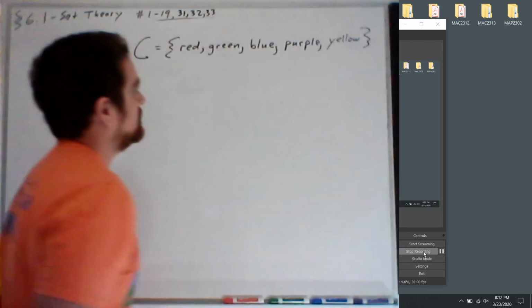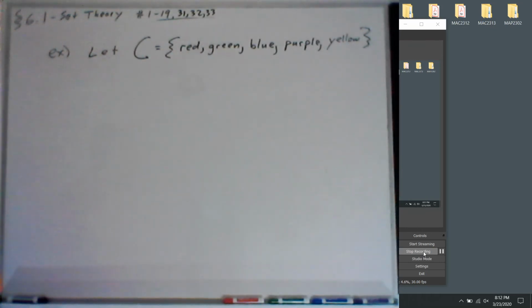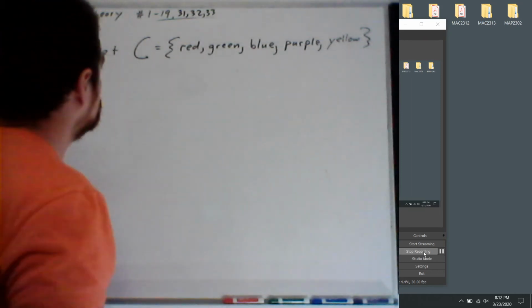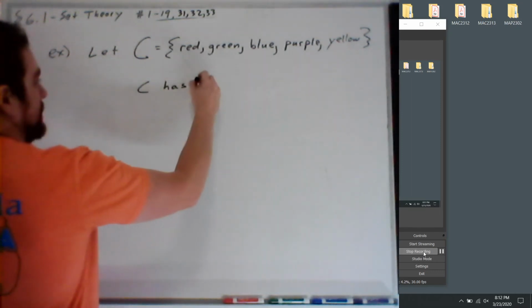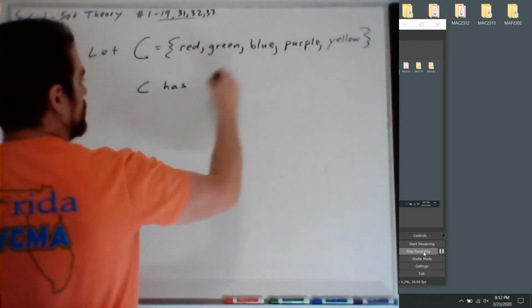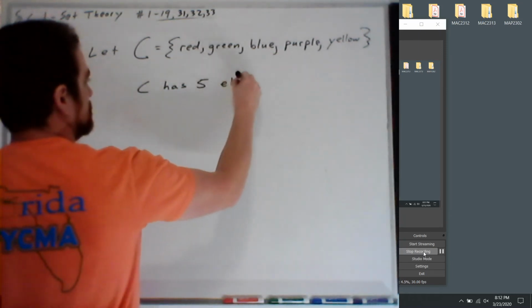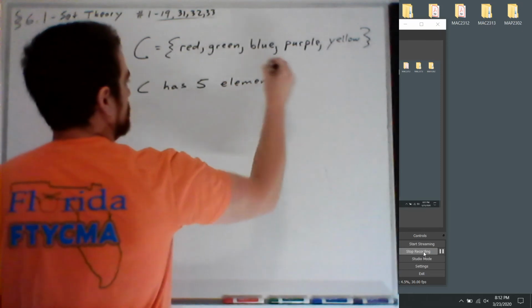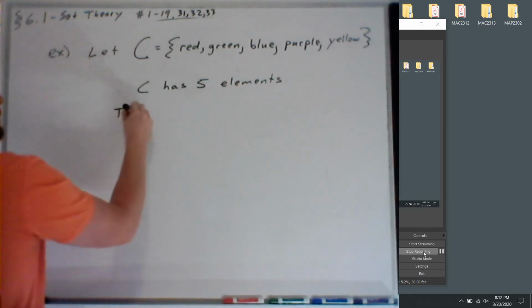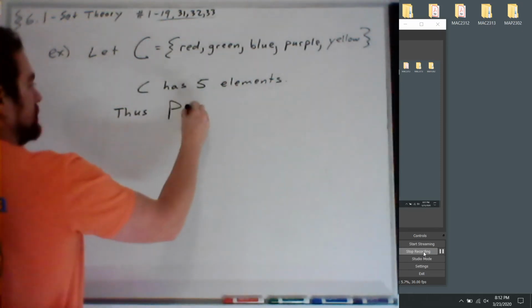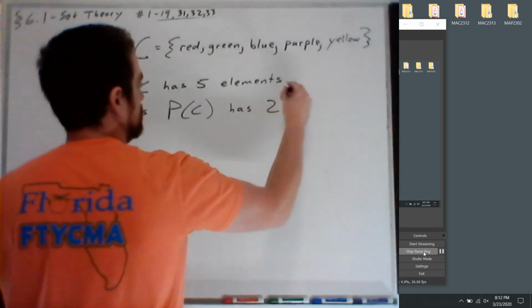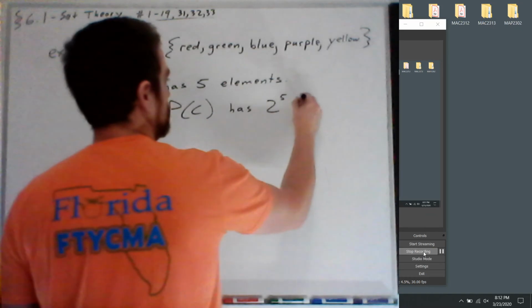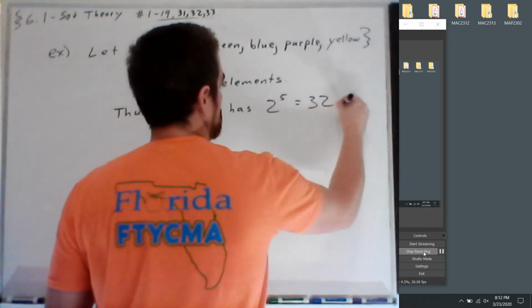All right, so this set contains some elements, and those elements happen to be colors in this case. Notice C has 1, 2, 3, 4, 5 elements. Thus, the power set of the set C has 2 to the 5 elements, which is 32.